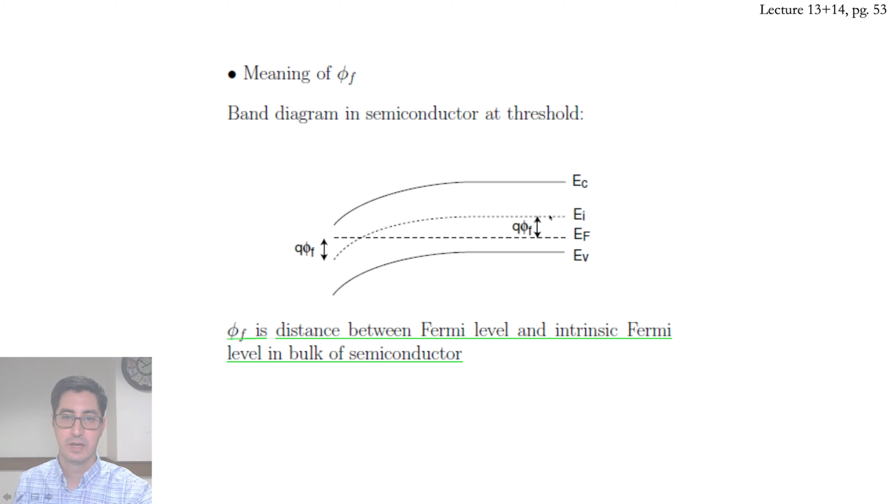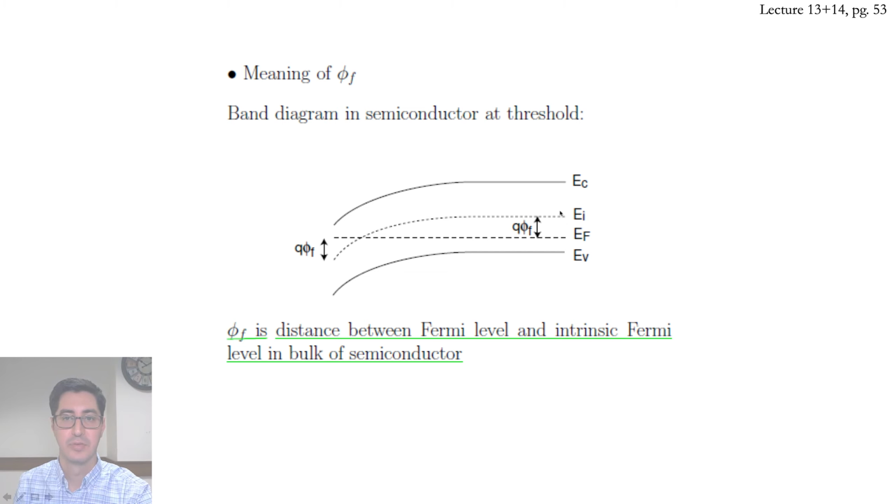So here, instead of looking at EF minus EV, we define phi F to be EI minus EF. And so how much band bending does there have to be? Well, if you know what phi F is in the bulk, and so we define phi F in the bulk, it's EI minus EF in the bulk, remembering that EI is the intrinsic energy.